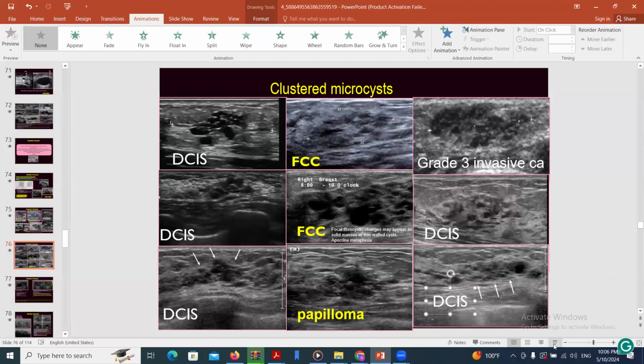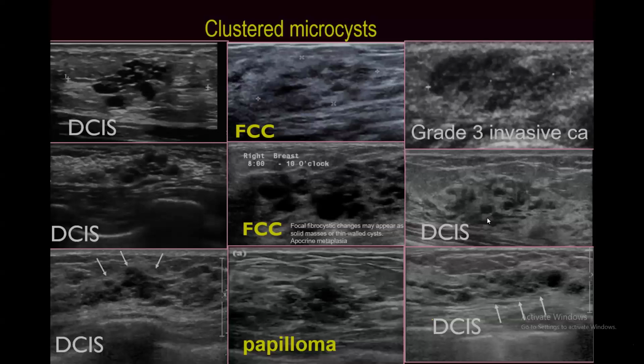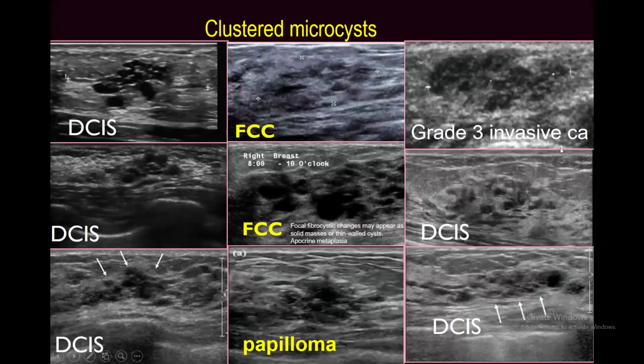These are DCIS. Okay. Here, these are DCIS, and even this is invasive cancer. While here, these are fibrocystic, and this is a papilloma, or a cluster of microcysts. But if you look, they are not as typical as the first one we described earlier.